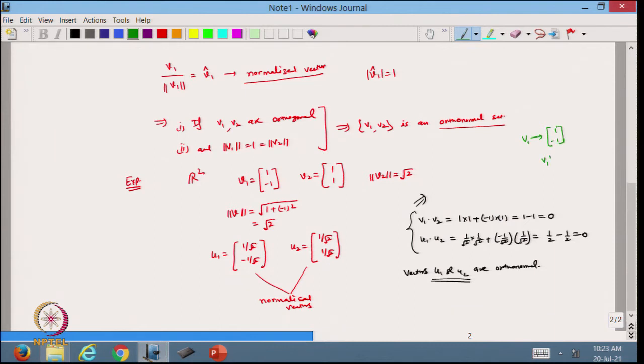V1 transpose will be a row vector. So this dot product I can write as V1 transpose multiplied by V2, which is basically matrix multiplication.